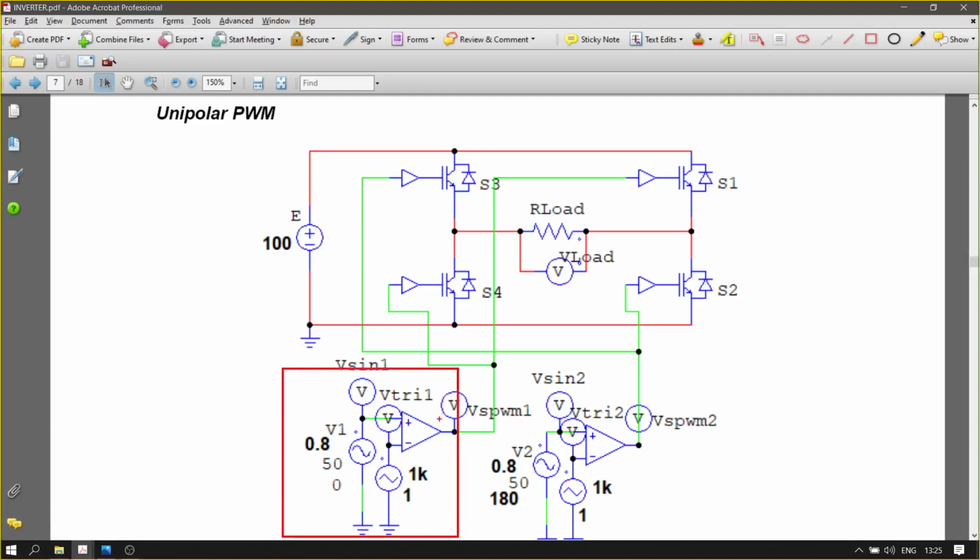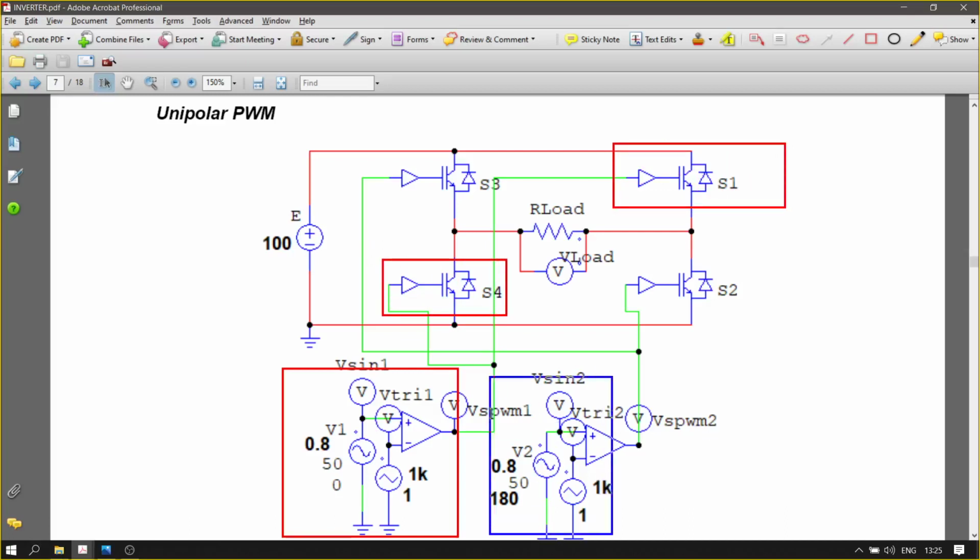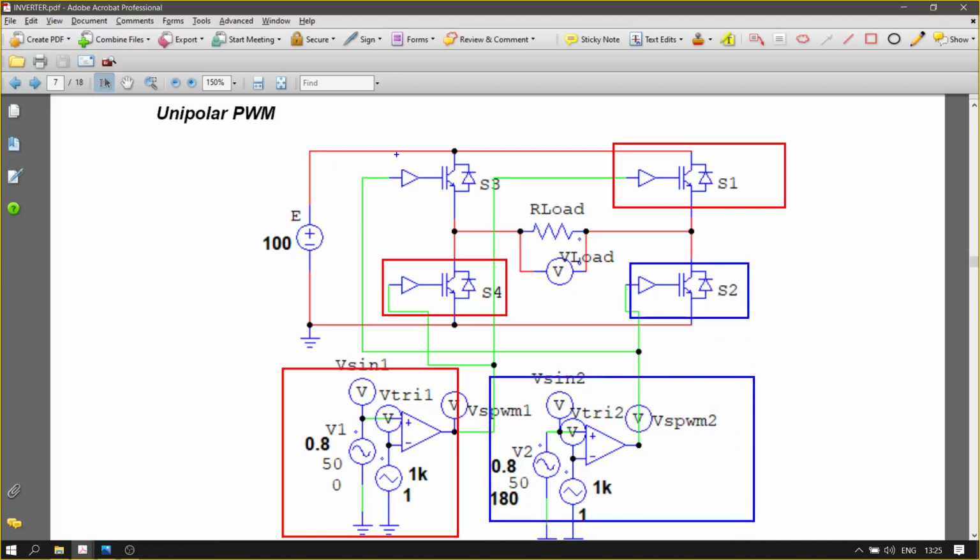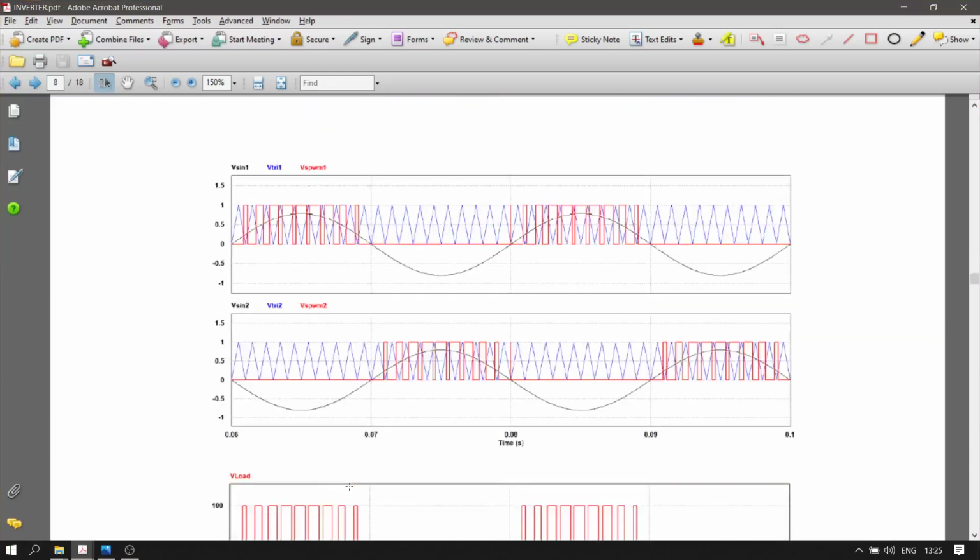This comparator will give S1 and S4, but for this comparator, it feeds the diagonals, which is there and that one. So you must have two comparators because the modulating signal is different for the unipolar PWM. Look at that: the modulating signal is the mirrored version of the modulating signal for SPWM1.